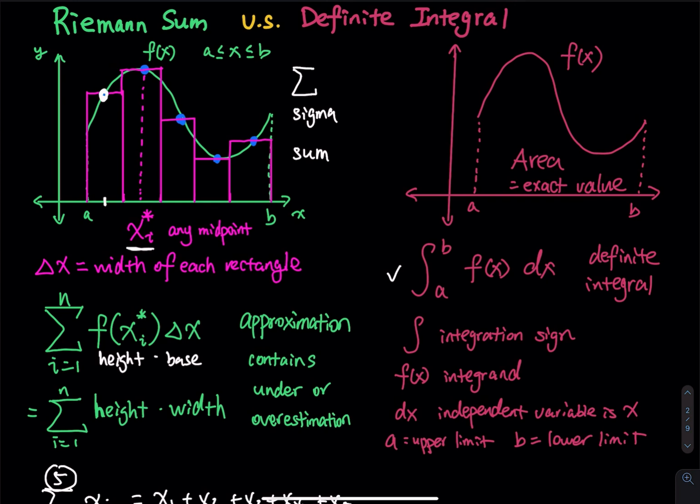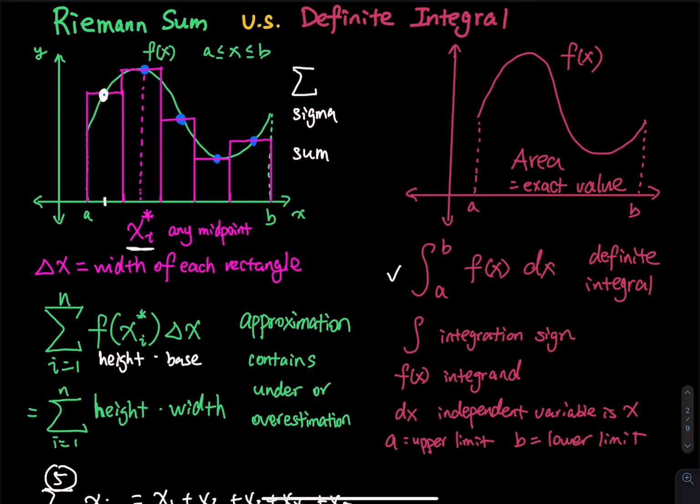The integration sign looks like an S, but stretched a little bit, so that is called the integration sign. And then f of x is called the integrand. And then the dx tells you the independent variable is x, and then b is the upper limit, a is the lower limit. The result is a real number that tells you the area under the curve of the function where x goes from a to b.